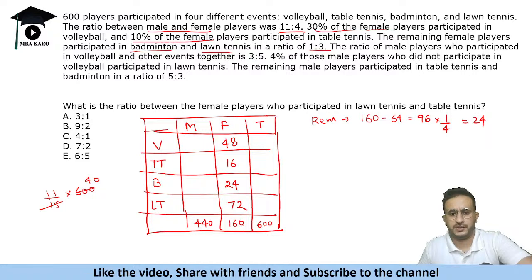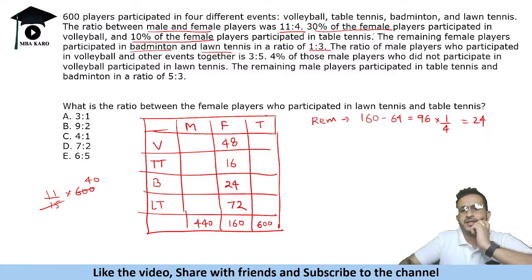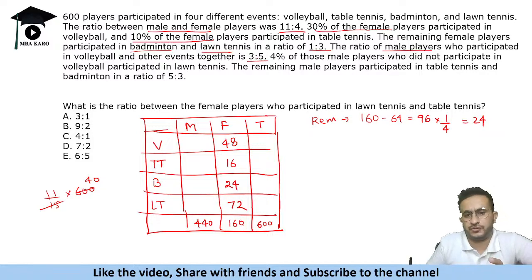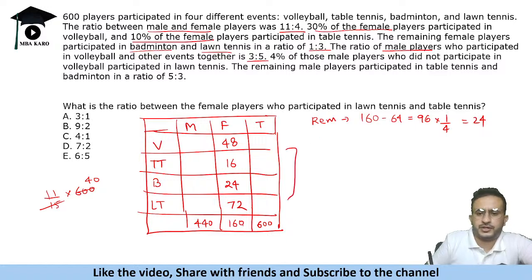So we got the numbers for females. The ratio of male players who participated in volleyball and other events together is 3:5. So volleyball ratio others is 3:5.